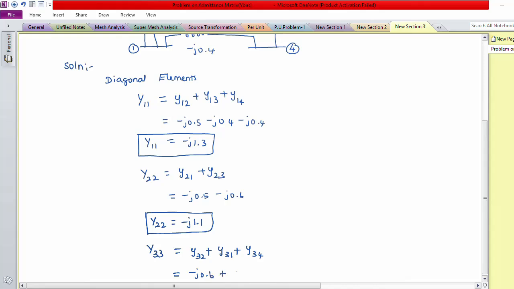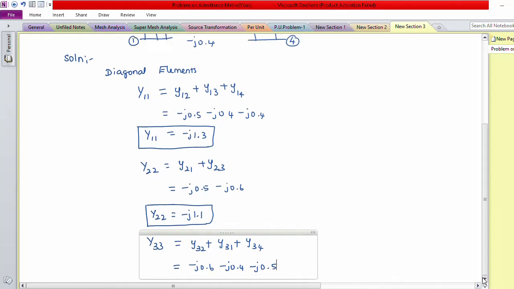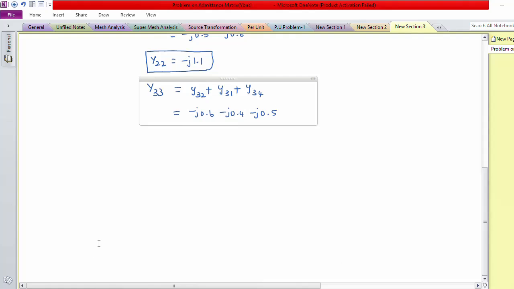Similarly, y31 is minus j 0.4 and y34 is minus j 0.5. If you add these elements, we will get y33 equal to minus j 1.5.